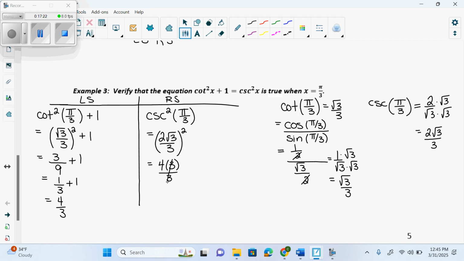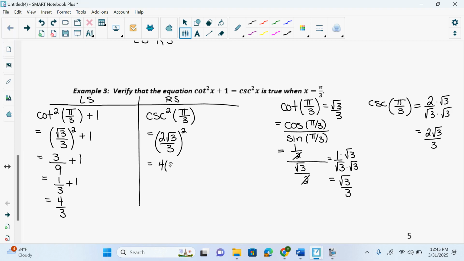Oh, crud. I forgot to square the bottom. I was like, that's not the right answer. 4 times 3 over 9. This will be better. So I get 12 over 9, which reduces to 4 over 3. And now they match. So I get LS equals RS. So you have to substitute in first, find the trig ratios off to the side, and put their answers in. Does that make sense? Okay, we're going to flip over.